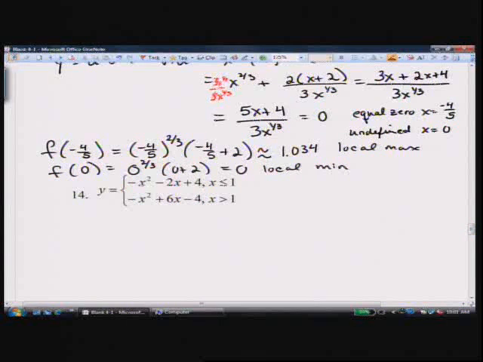If you put 1 in here, you're going to get -1 minus 2, which is -3, plus 4, which is 1. And if you put 1 in here, you get -1 minus 4, and then the plus 6 is also 1. So this function has a corner at 1. But it is continuous.